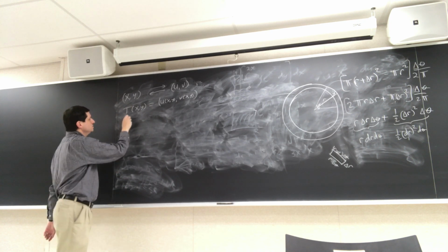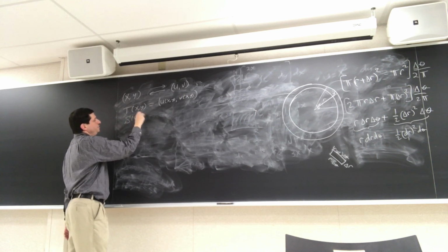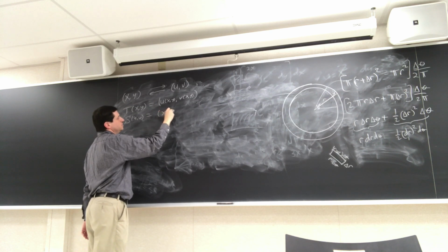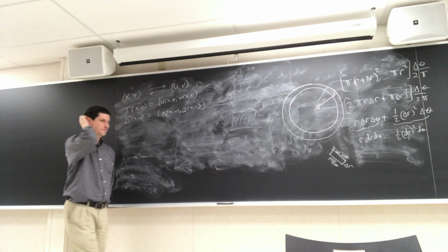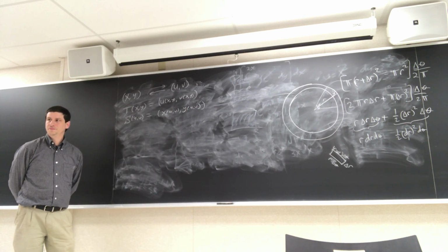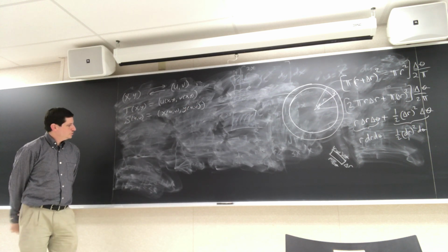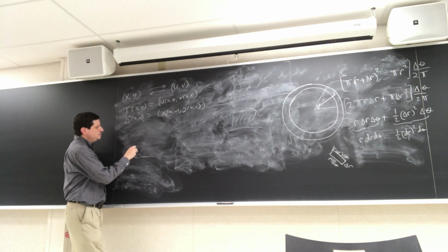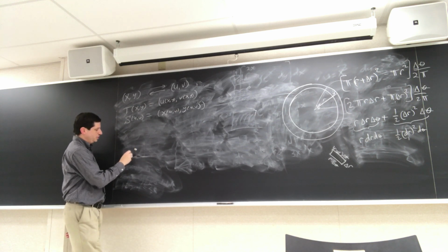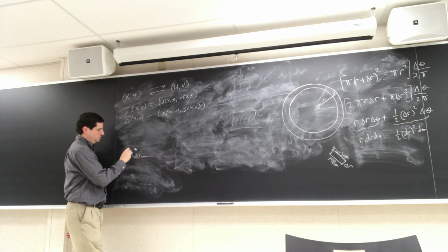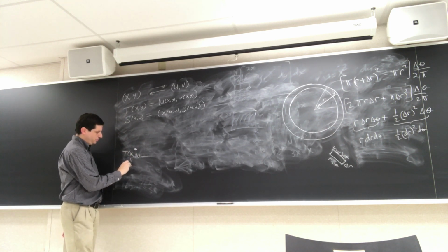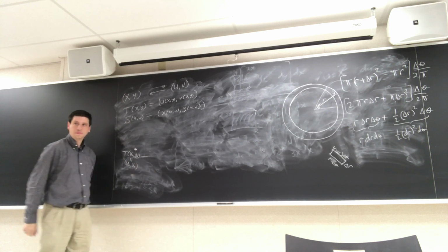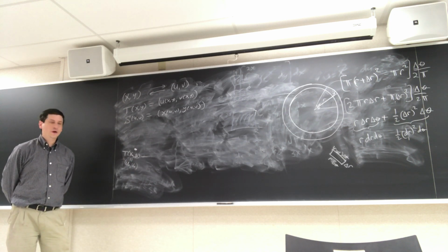You could go the other way. You can start off with u and v and get x of u and v and y of u and v. Okay? So now, let's imagine I start at some point x0 and y0. I can take T of that, and that'll be my point u naught v naught. I now want to see what happens if I change x by a little bit.